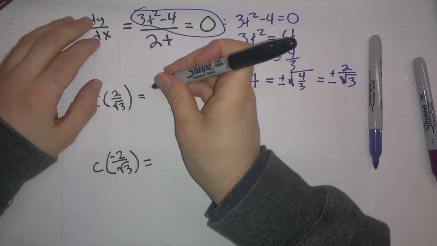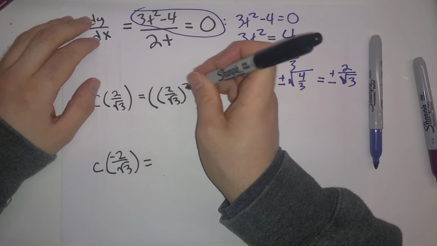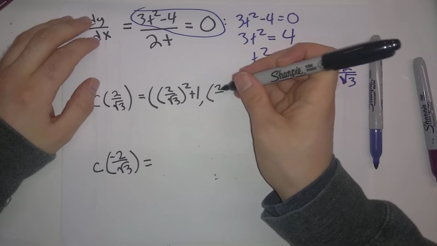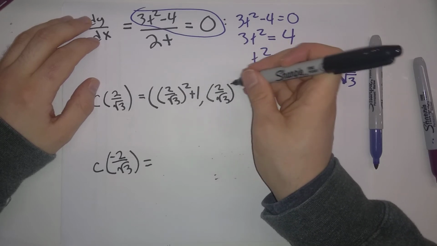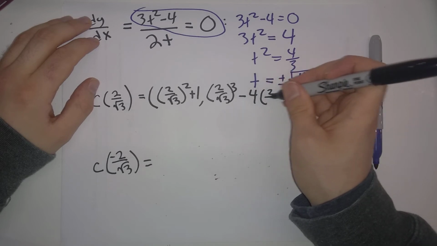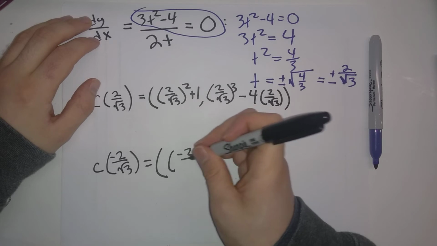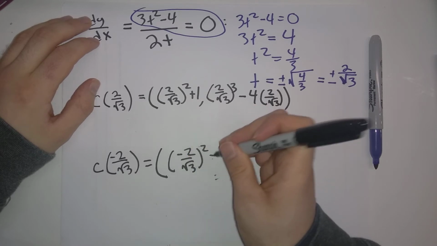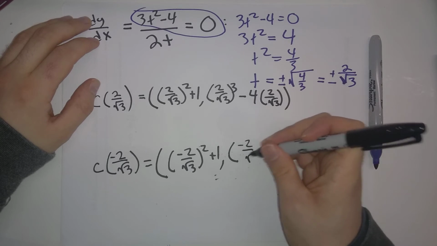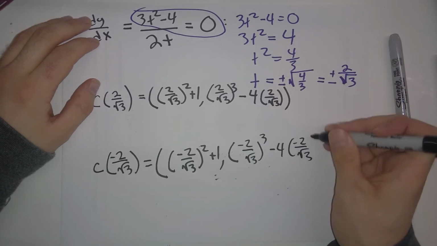And so we have 2 over square root 3 squared plus 1, comma, 2 over square root 3 cubed minus 4 times 2 over square root 3. And minus 2 over square root 3 squared plus 1, comma, minus 2 over square root 3 cubed minus 4 times minus 2 over square root 3.